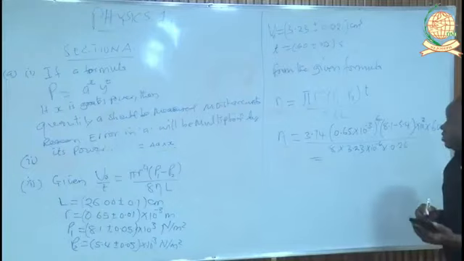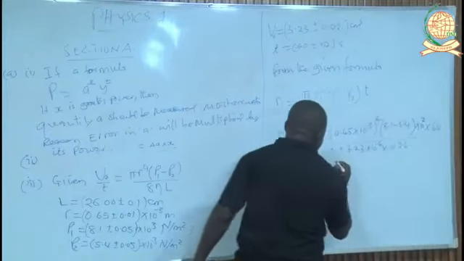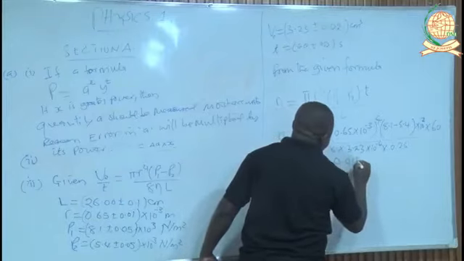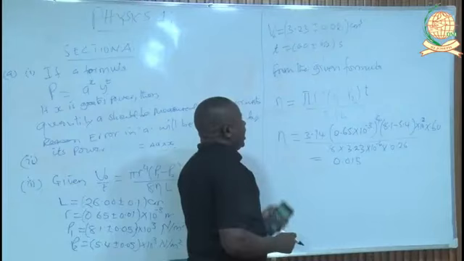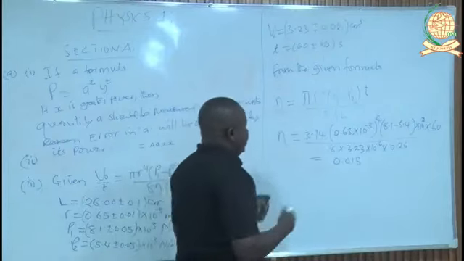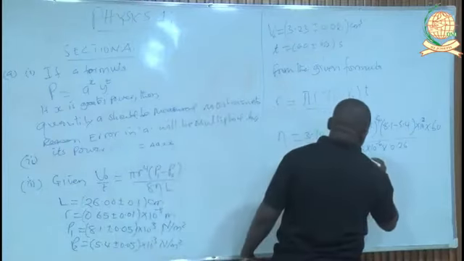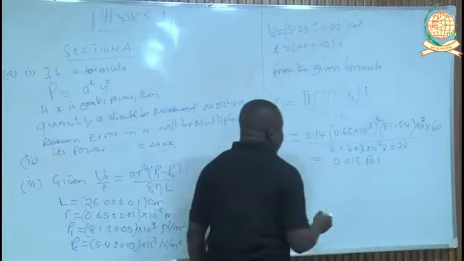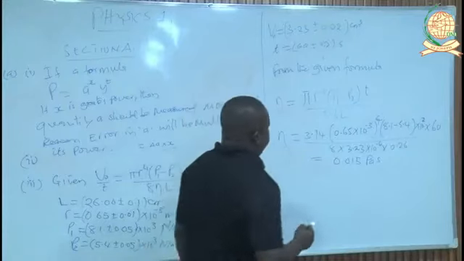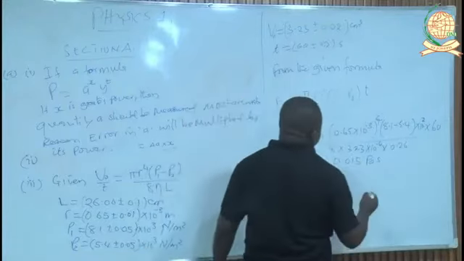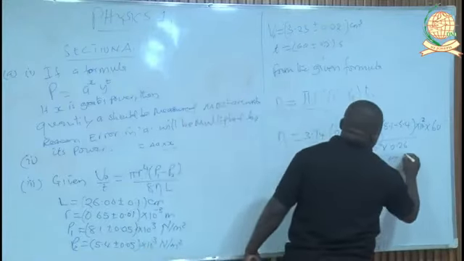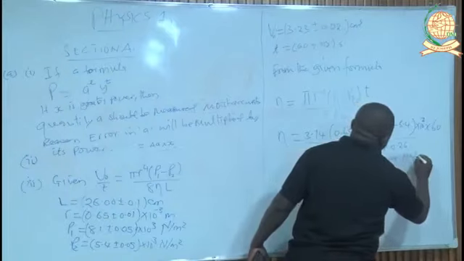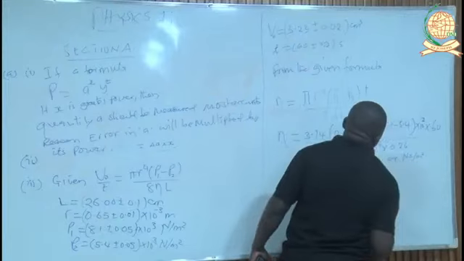You get the value 0.015. Eta is measured in Pascal second, or can be measured in Newton second per meter square.